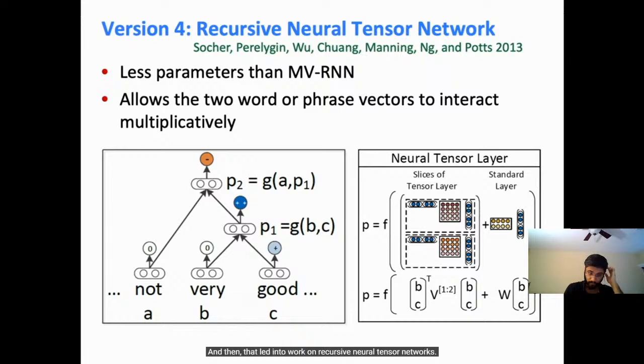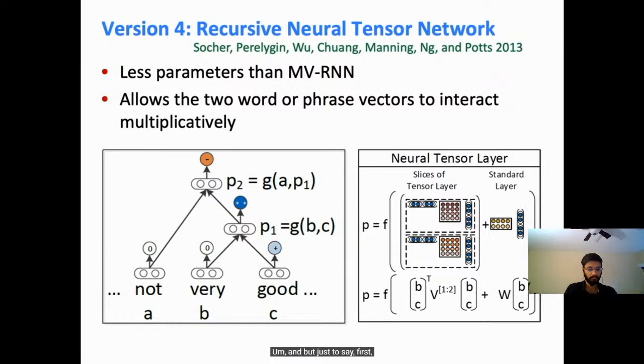That led into work on recursive neural tensor networks. There's a nice idea here of these neural tensors, which has actually been used in other places, including work on putting vector embeddings of knowledge graphs and so on. So I wanted to show a bit of how this model works.